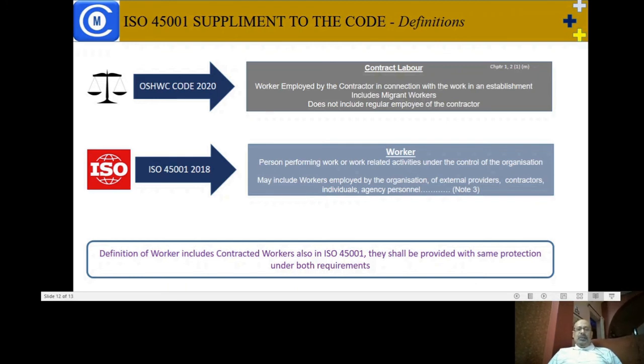The definition of worker includes contracted workers also in ISO 45001. So both in the code and in ISO 45001 we will have to include contracted workers, those who are working within the premises of the organization. They shall be provided with the same protection, whatever treatment we are giving to our permanent employees, the same treatment to be provided to the contracted workmen.